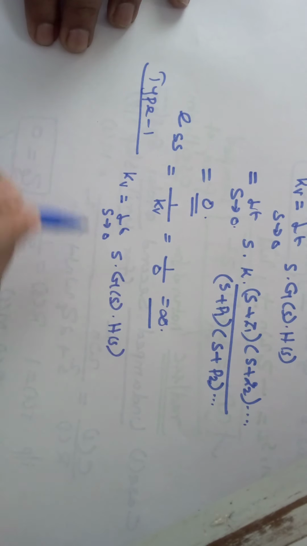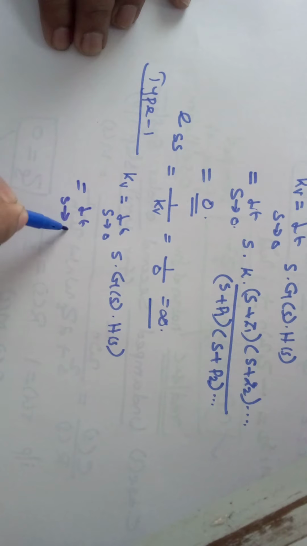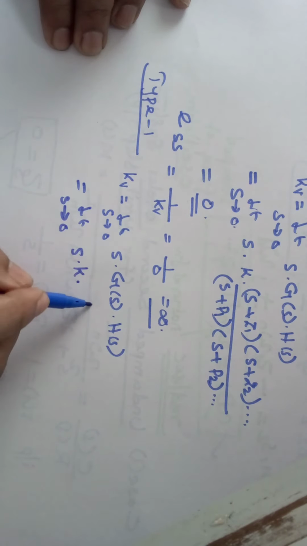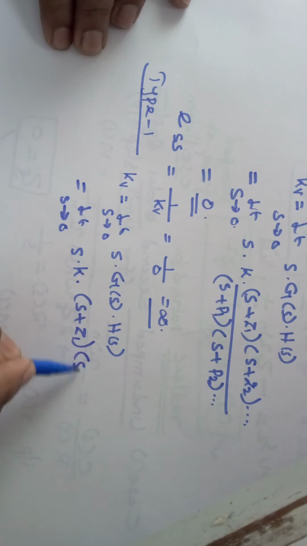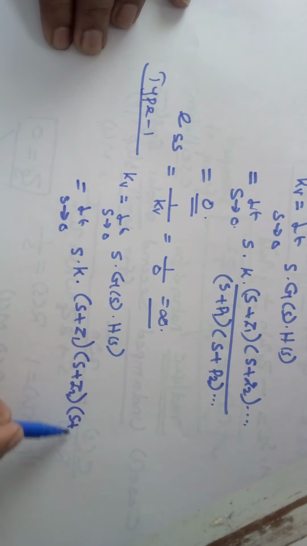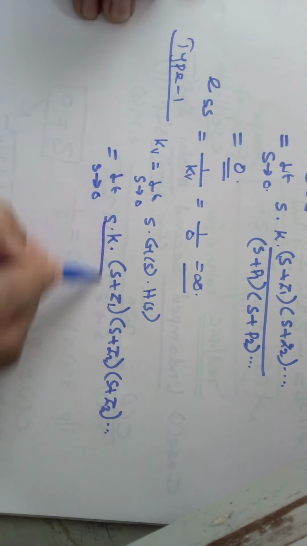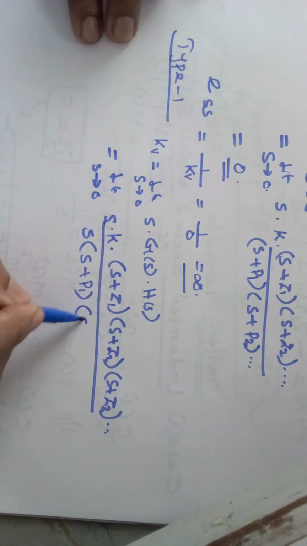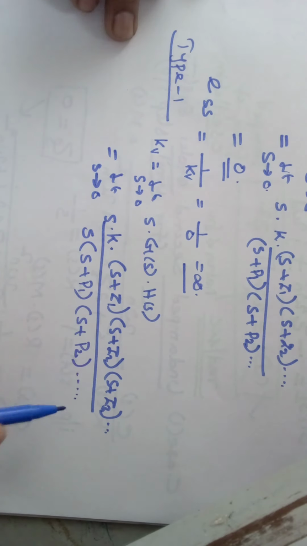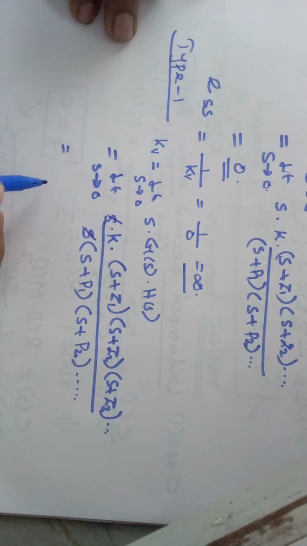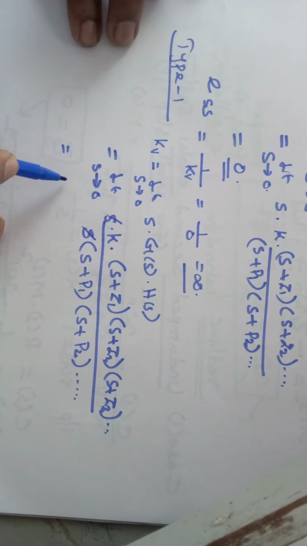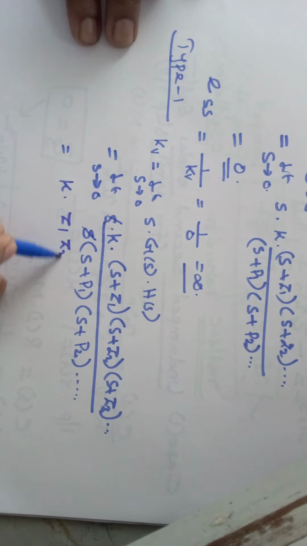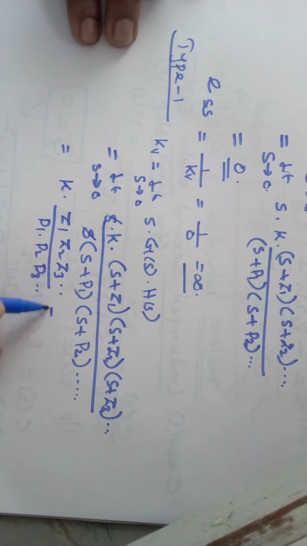Therefore we can write this as limit s tends to 0 of s into K into (s plus z1)(s plus z2)(s plus z3), etc., divided by, since this is a type 1 system, s into (s plus p1)(s plus p2), etc. We can cancel out this s and s, and if you apply s equal to 0 here, the total value is nothing but K into z1 z2 z3 etc. divided by p1 p2 p3 etc. So this is nothing but a constant.